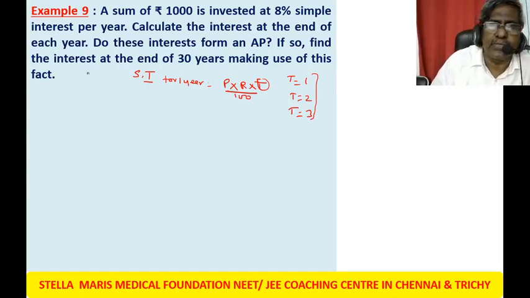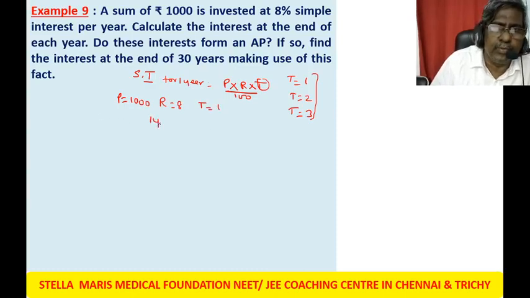So for simple interest for 1 year, see what is the principal? Principal is 1000. R is equal to 8. T is equal to 1 for the first year. So SI for 1 year is equal to P into R into T by 100, means 1000 into 8 into 1 by 100.